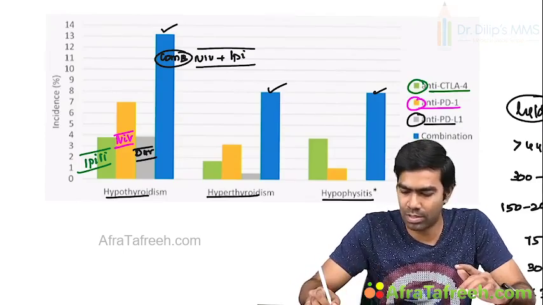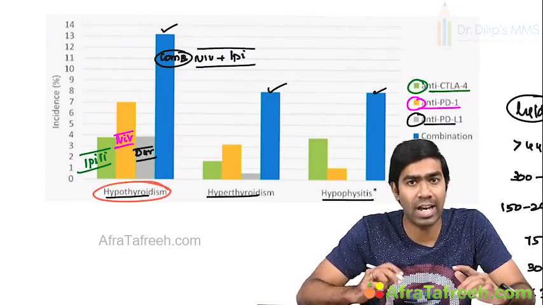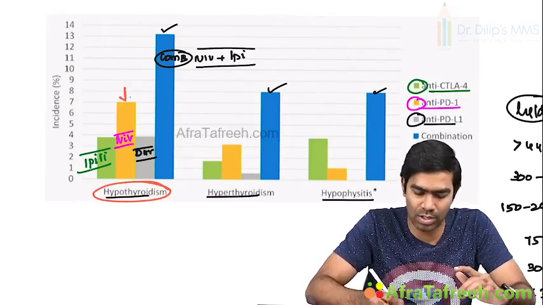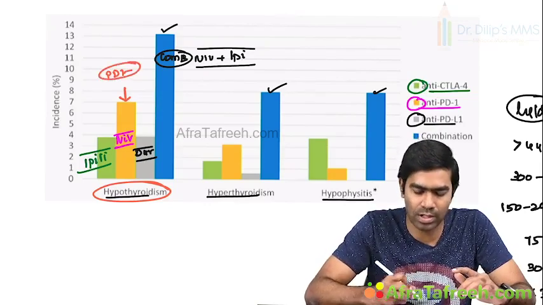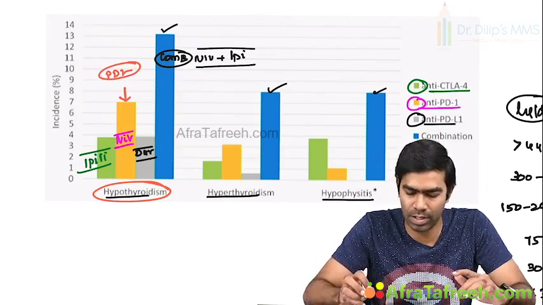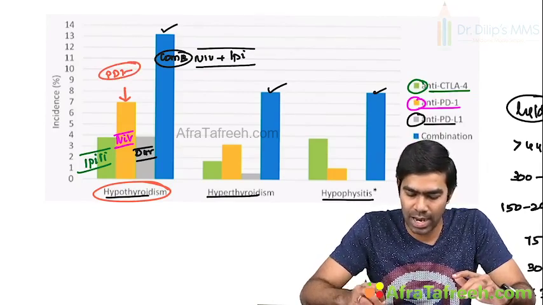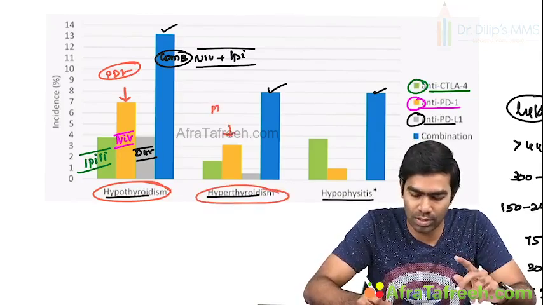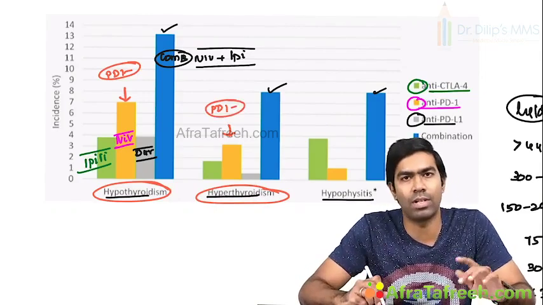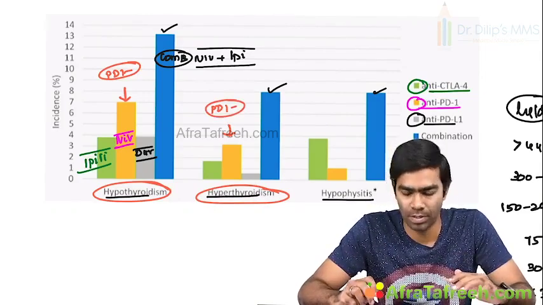On the other hand, if you see hypothyroidism risk, it is highest, if you ask about individual drugs, with PD1 inhibitors only. That is nivolumab and pembrolizumab. Clear? Similarly, hyperthyroidism risk, if you ask about individual drugs, is again more with PD1 inhibitors only, nivolumab and pembrolizumab.